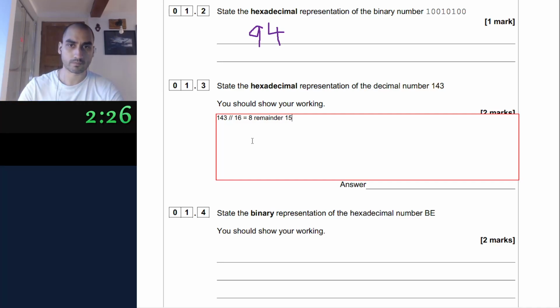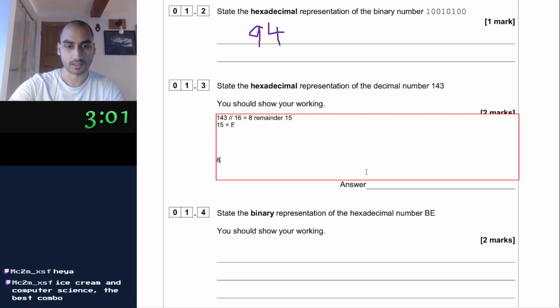Yep. So 15 is, what is it? So 10 is A, 11 is B, 12 is C, 13 is D, 14 is E, 15 is F. Of course it's F. That's the final one. Yeah, okay. So the answer is 8F.